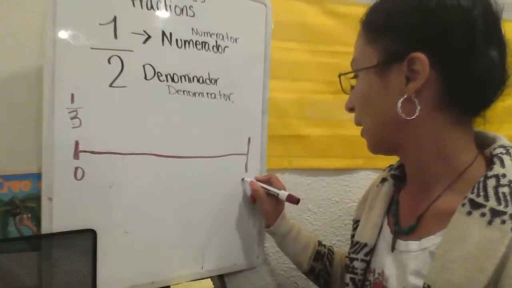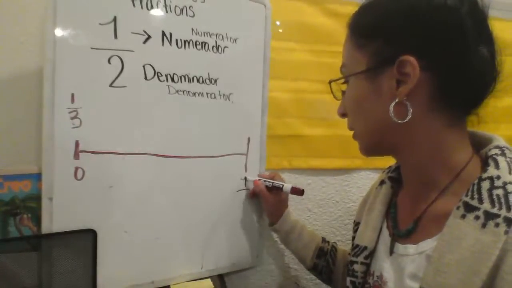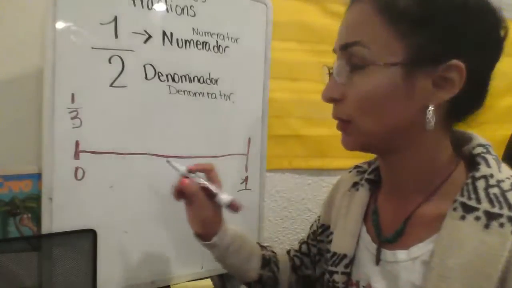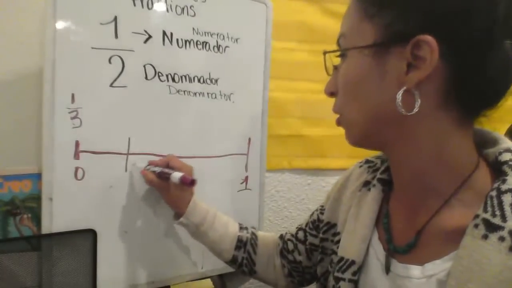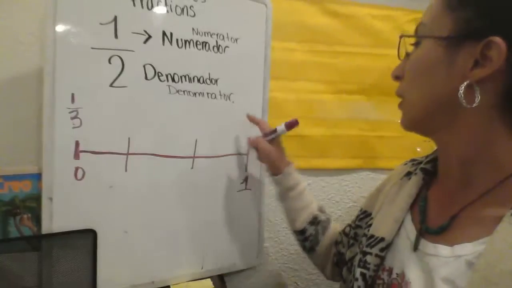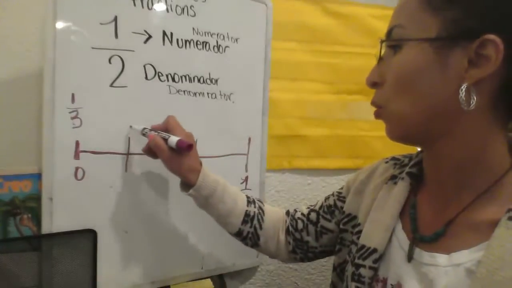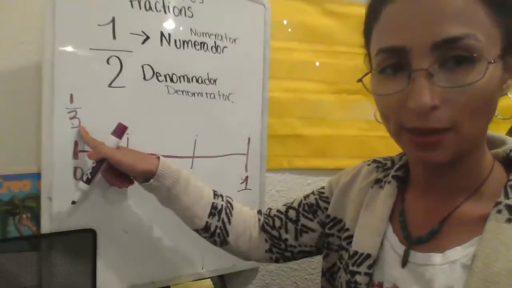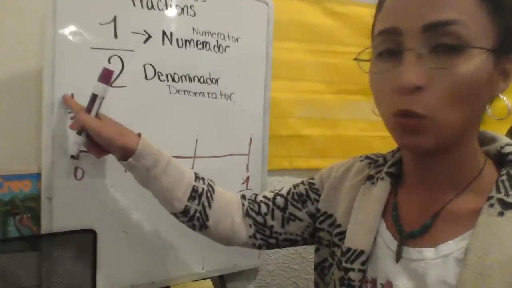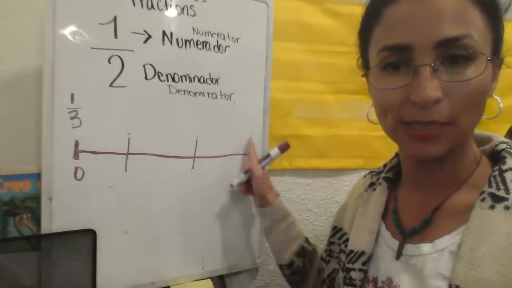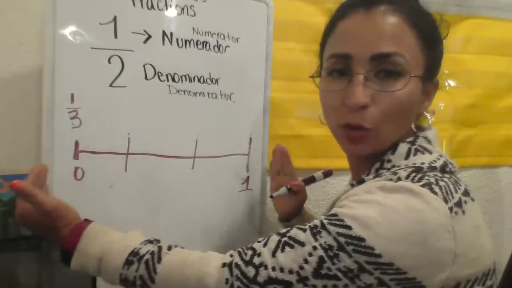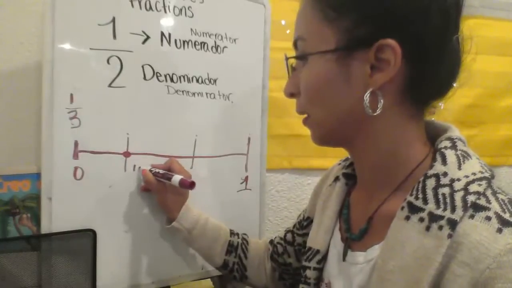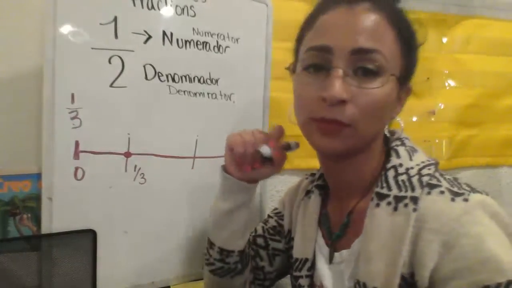Okay. And I have the number 1 right here, right? Because this is my one whole number. 1 de 3. Entonces vas a hacer 1, 2, 3. See what I mean? 1, 2, 3. Ahora vas a marcar una pieza nada más de las 3 líneas que tienes en la línea numérica. Vas a marcar 1 de 3.